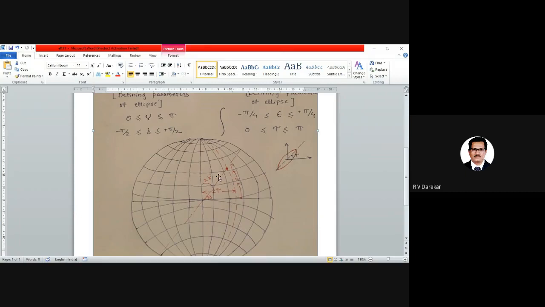In a very similar way, if a line is drawn from point P intersecting the center of the sphere, the angle made with the horizontal plane can be considered to be delta, which has the range minus pi by 2 to plus pi by 2, as well as the angle made with the vertical component can be defined with 2 gamma. If we keep in mind these four values, I think our today's intention is served effectively.